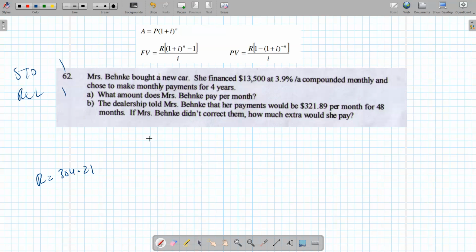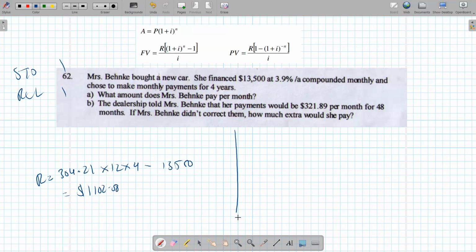Like right now, how much is this lady going to pay them in interest? So she pays this every month for 4 years, but her initial car is only this much, right? Let's see how much she pays in interest over 4 years. It's 12 times 4 minus 13,500. So she pays $1,100 in interest.